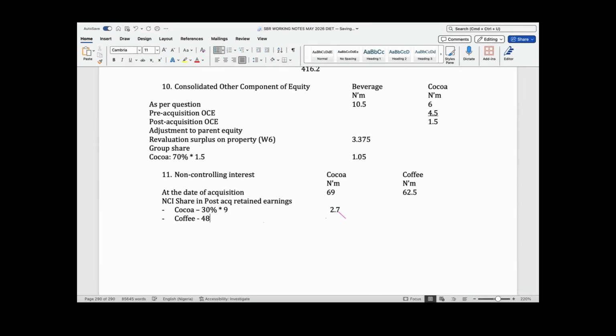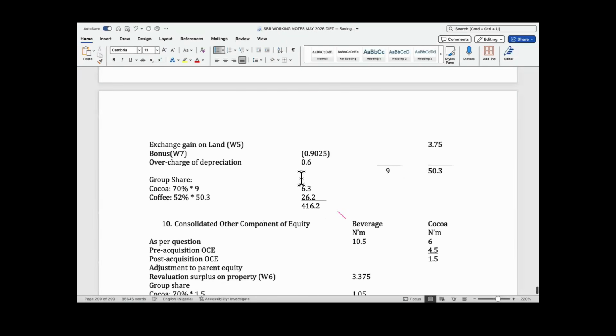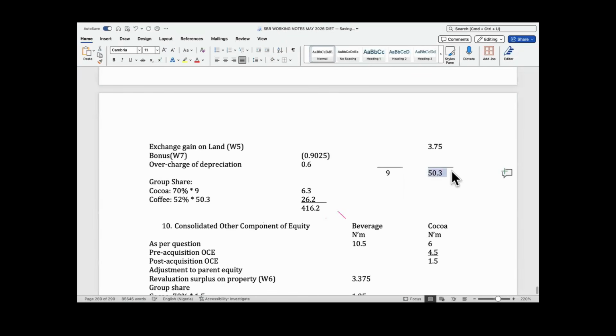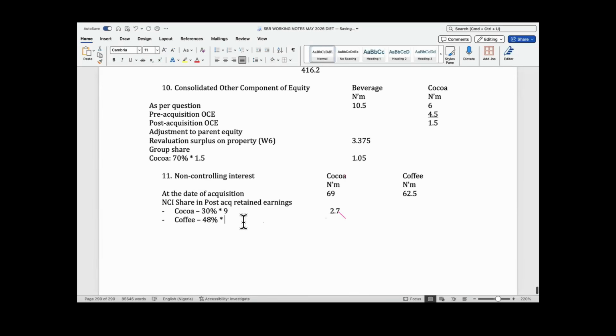In coffee, you will get 48%, since the parent has 52%, of 50.3. How much is that? 24.14.